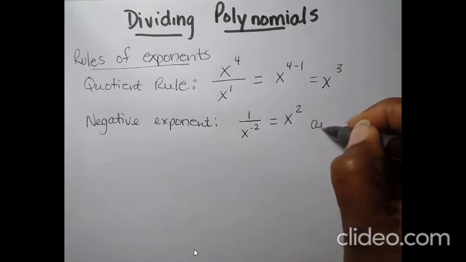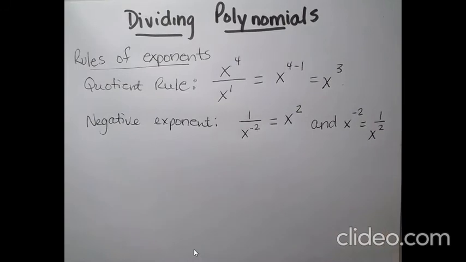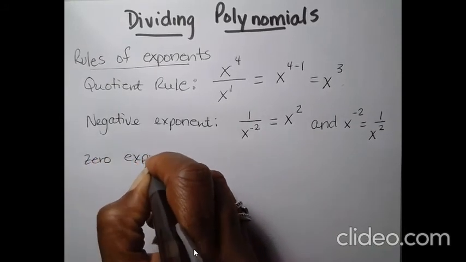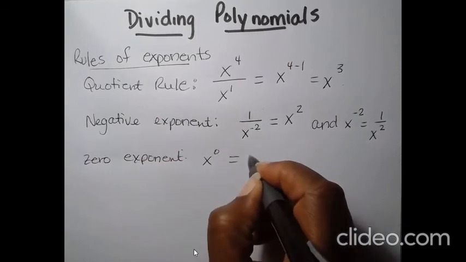As well as here, x to the negative 2 equals 1 over x squared. Again, you take whatever the negative exponent is and move it to the opposite part of the fraction and make it positive. The zero exponent basically says that anything raised to the 0 power equals 1.